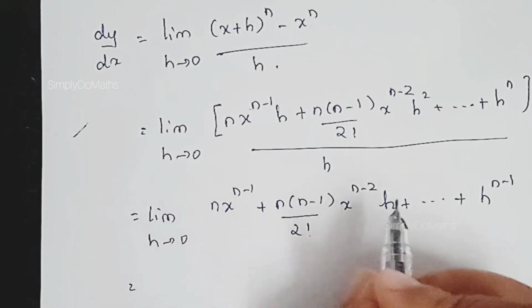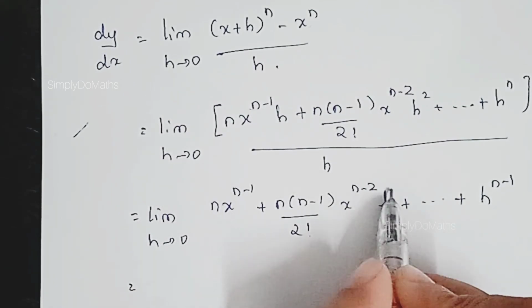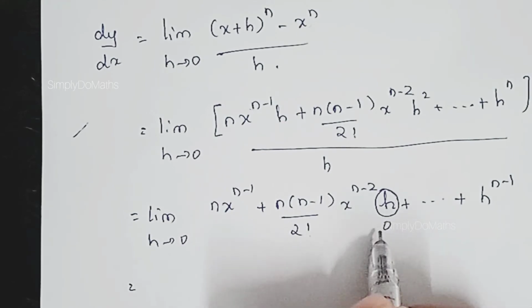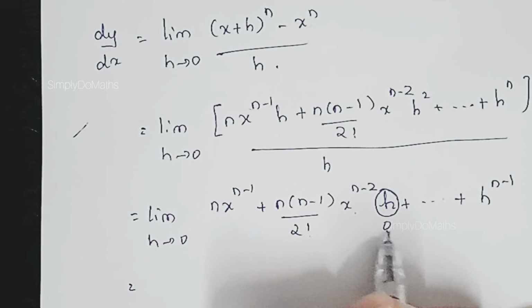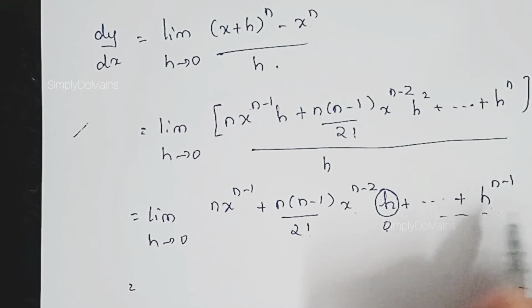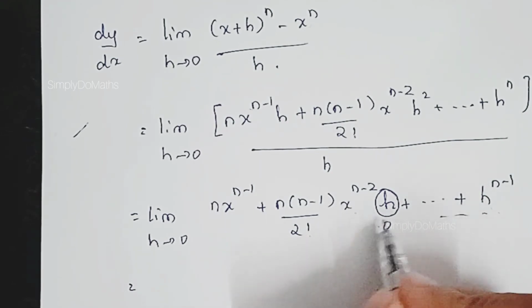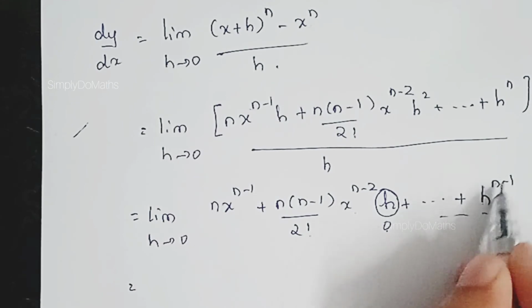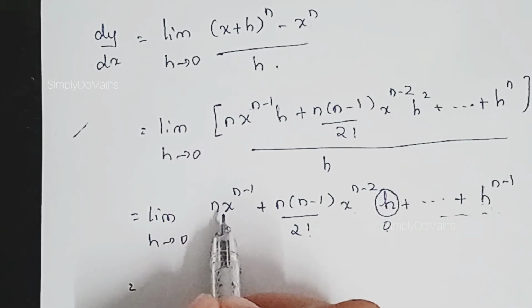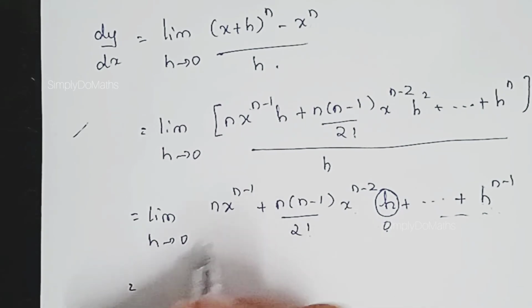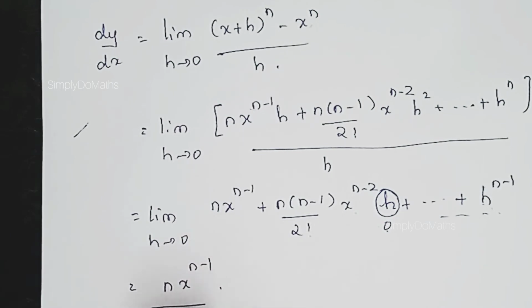Whenever h tends to 0, this h will get the value 0. 0 into some term also will get 0, and up to all the terms, the last term will get the value h as 0, so the term will become 0. Whenever the term is free of h, that will be left, that is n into x raised to n minus 1.